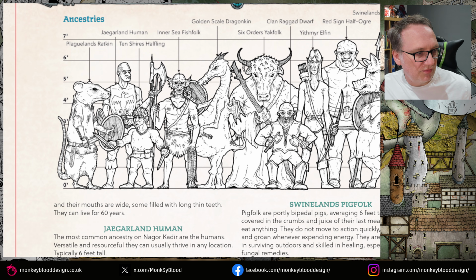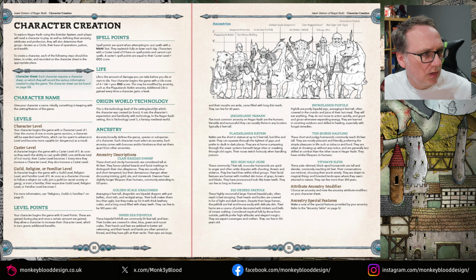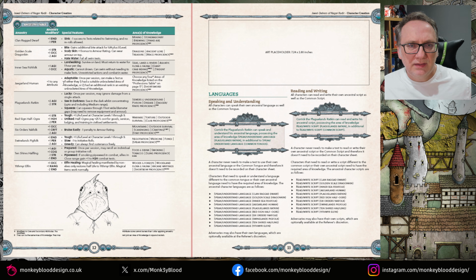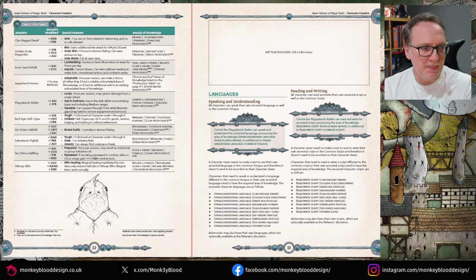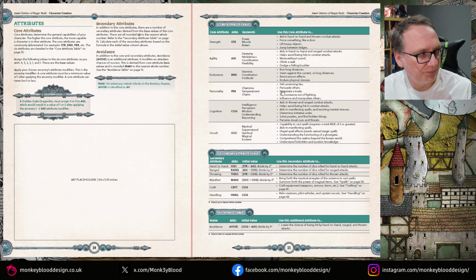So you can see the different types of ancestries available, and each one gives different bonuses to your core attributes and in some cases secondary attributes. It also gives you some special features and you gain areas of knowledge. We'll talk about areas of knowledge in a little bit, but we'll get to attributes next.